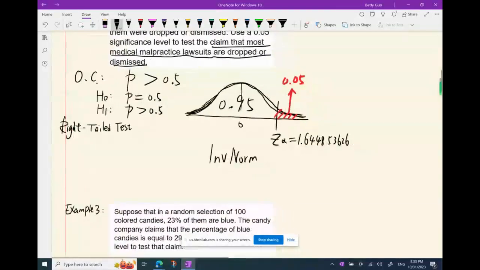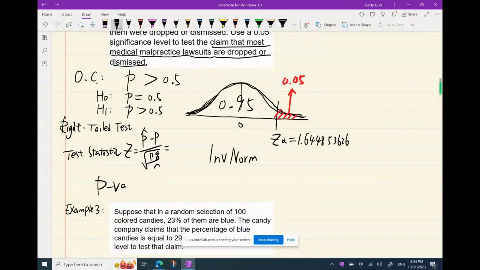And how do we find our test statistic z-score? Remember, z equals p hat minus p over root pq over n. How do we find that and our p-value?